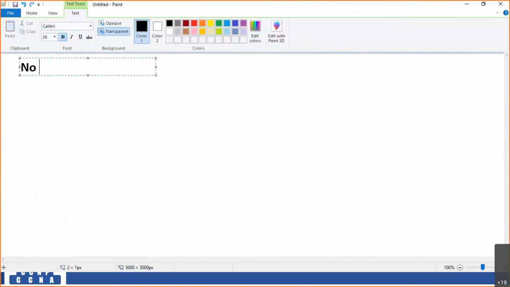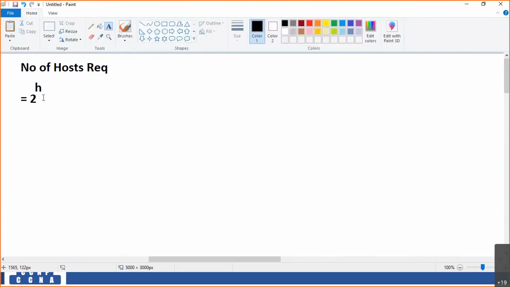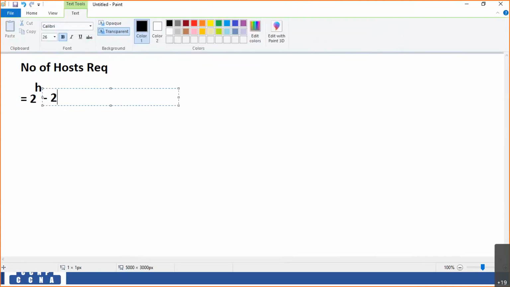Now, the number of host requirement will continue. The number of host requirement formula is 2 power h minus 2 greater than or equal to the requirement.